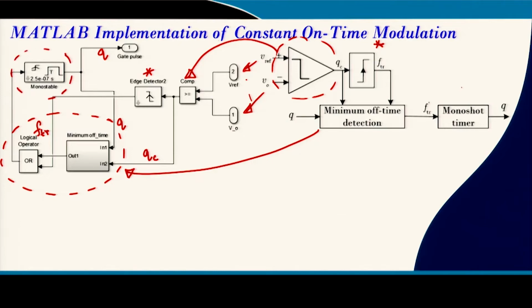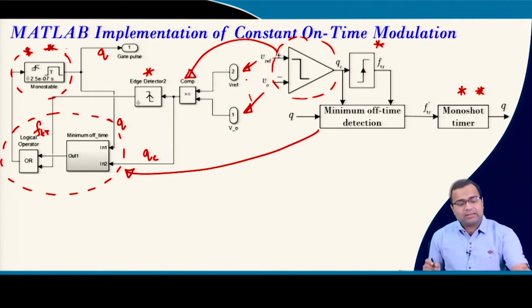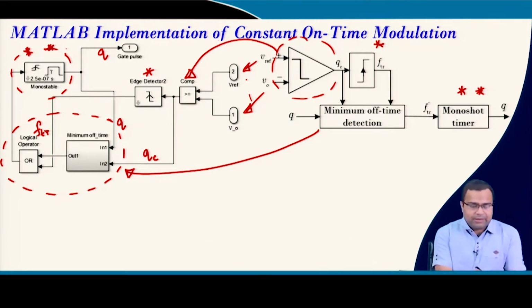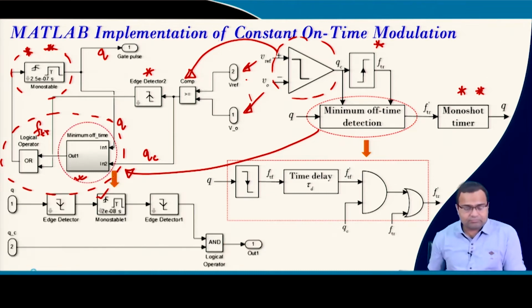That means this is this block, and in MATLAB you can get this monostable, where the on time will be set according to the constant on time value. And if we go inside this block, what is this? That means this is an analogous circuit in the schematic, and this is a MATLAB implementation.